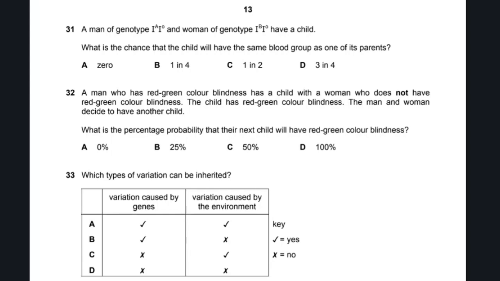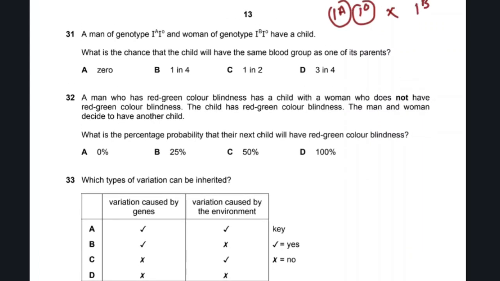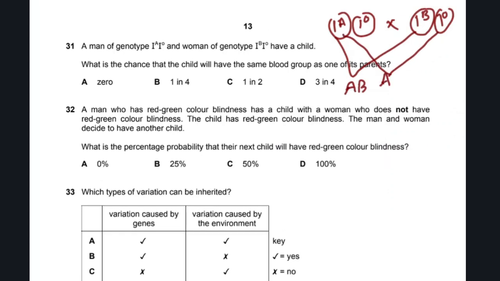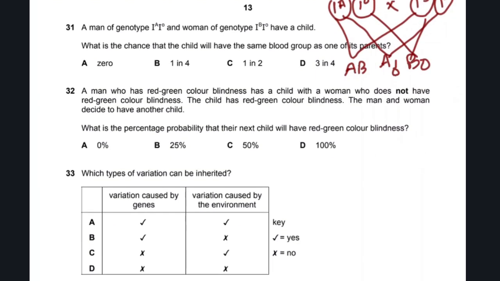So if we make a cross of this, the A man will have A and O gametes, and we cross it with the B woman, whose gametes will be B and O. So the child may have AB, AO, BO, or the O blood group.